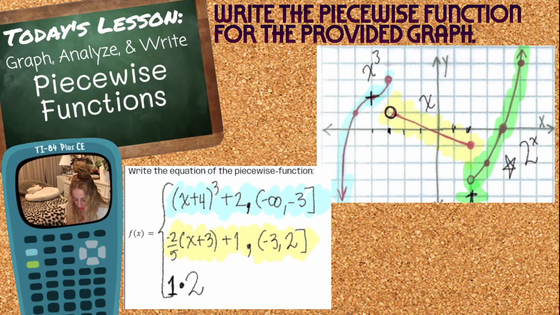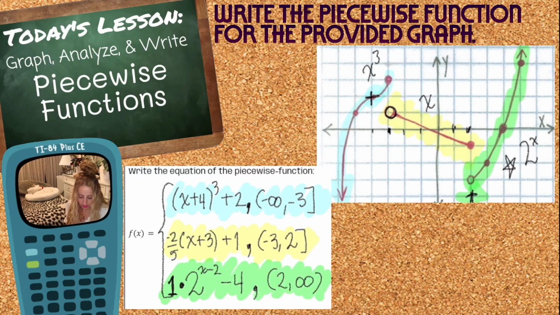Move to the right 2, so x minus 2 like that, minus 4, down 4 like that. And then that guy is from 2 with the parenthesis until infinity. That 1 in front of the 2 raised to the x minus 2 is really not necessary. That's implied, even if it's not there.